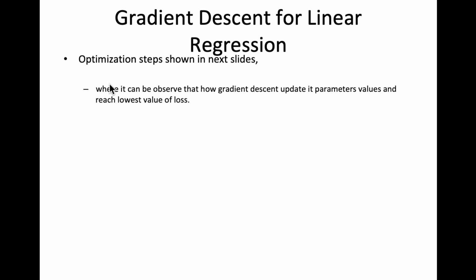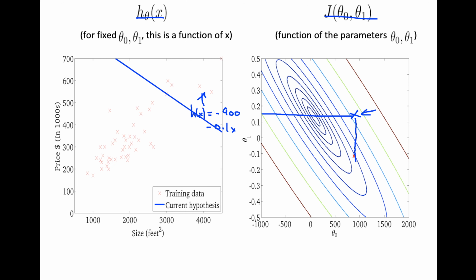In optimization, it can be observed how gradient descent updates its parameter values and reaches the lowest value of loss. So this is h_theta(x), the current hypothesis, with the size x and the prices.